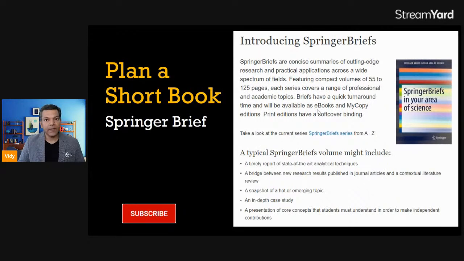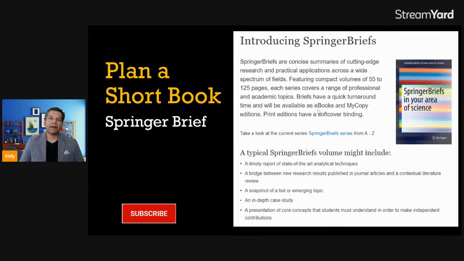The benefit is that you can have not only journals and conferences against your name, but also a book that goes with you.